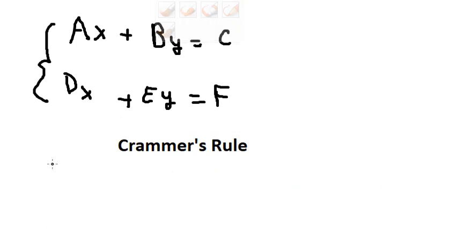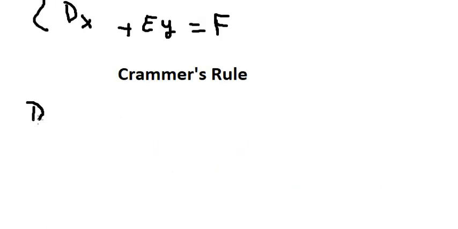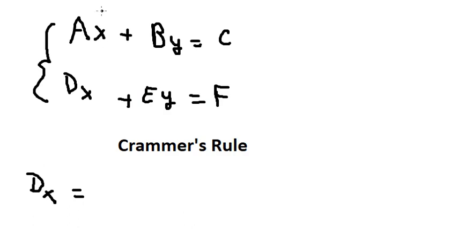The first thing we need to find is the determinant dx. In this situation we need the coefficients of this one, and the first column we need to replace by c and f.